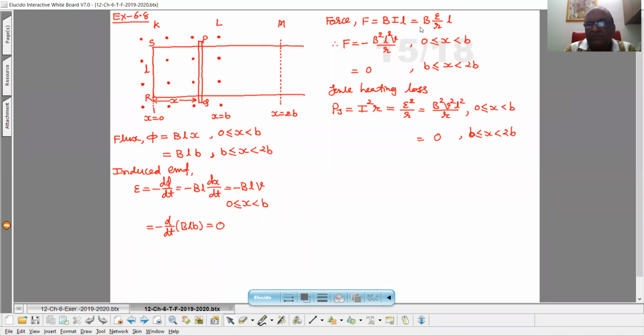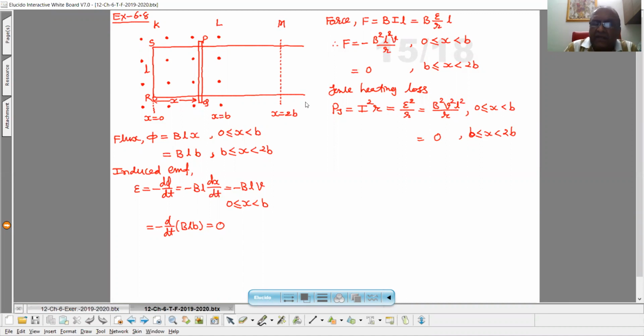Then force. Force is BIL, I, that is E by R. So force, that is equal to minus B square L square v by R, and v, that is the velocity of this particular conductor when it is moved.